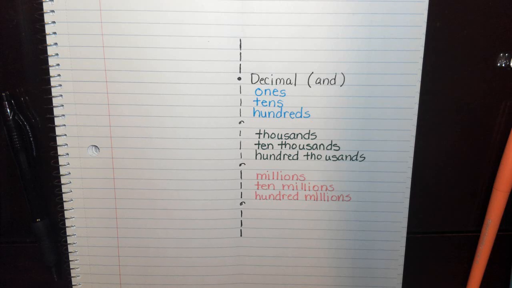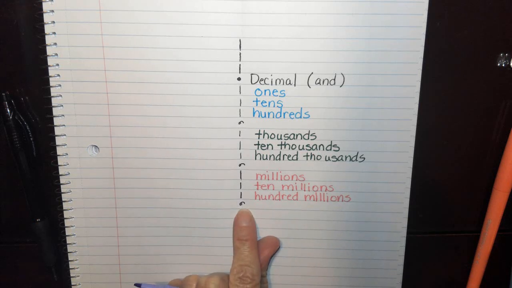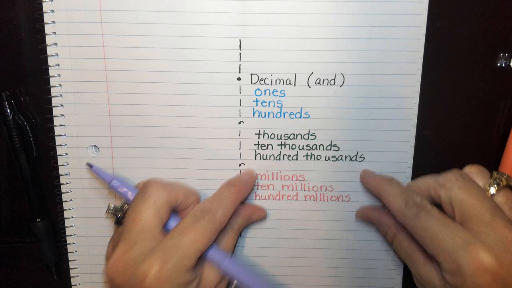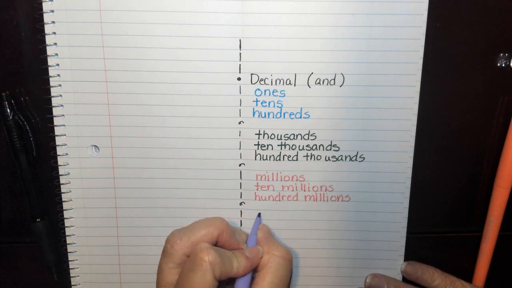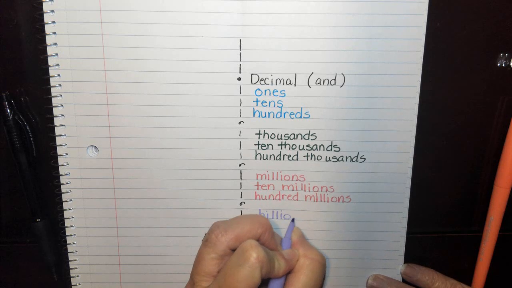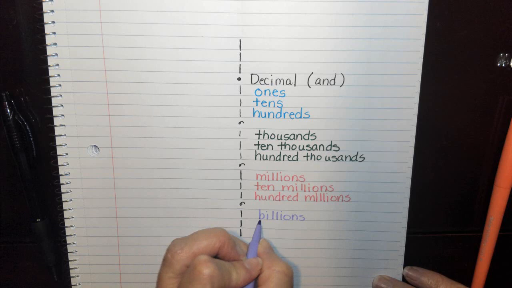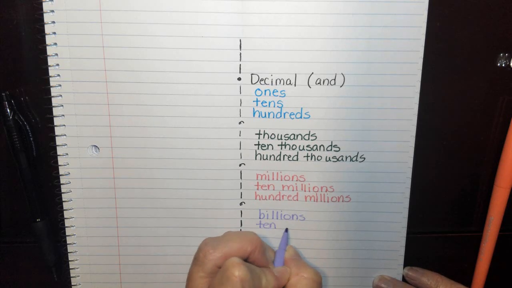And our final group of numbers is going to be the billions. So we are skipping that line again, that comma separating the millions from the billions, starting with the billions place. We have the 10 billions.